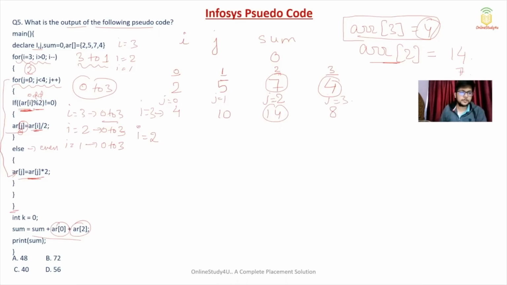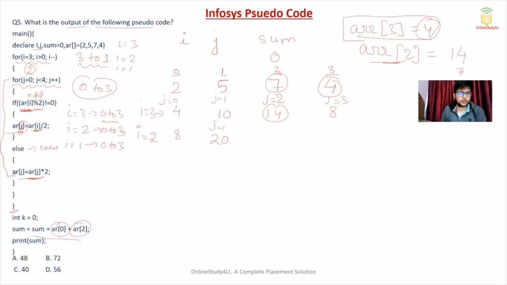So for j is equal to 0, it will check if array of i mod 2 is even or odd. What is array of i? It is 14. 14 mod 2 is even. So it will double the value. It will again check in the next iteration, j is equal to 1, if array of i mod 2 is even or odd. It is still even, so it will again double the value. It will again check.